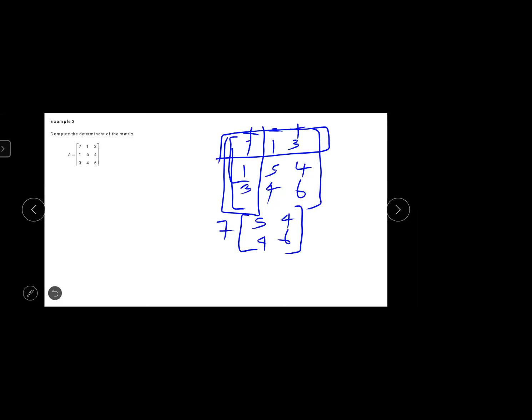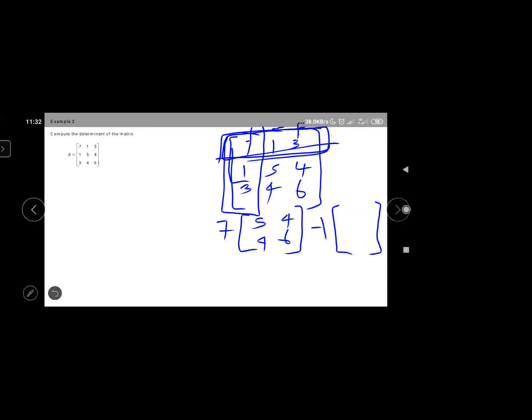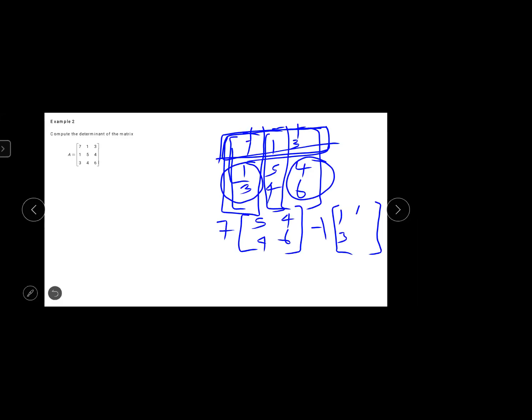The sign on top of it, don't forget, is minus. So I will cover the row of -1 and I will cover its column. What we have left is 1, 3, 3, 6.